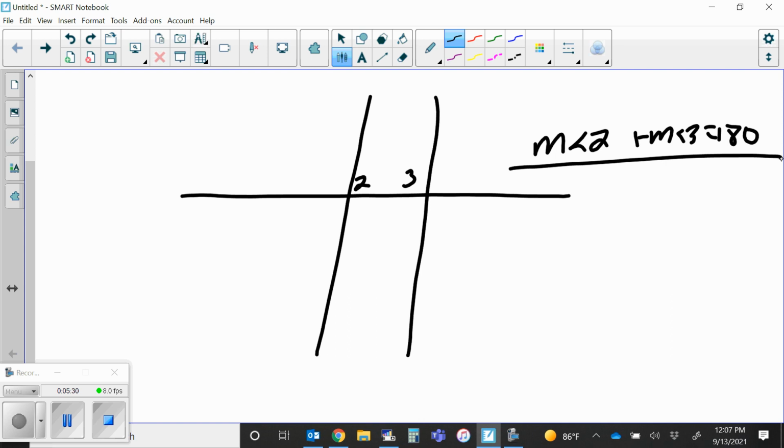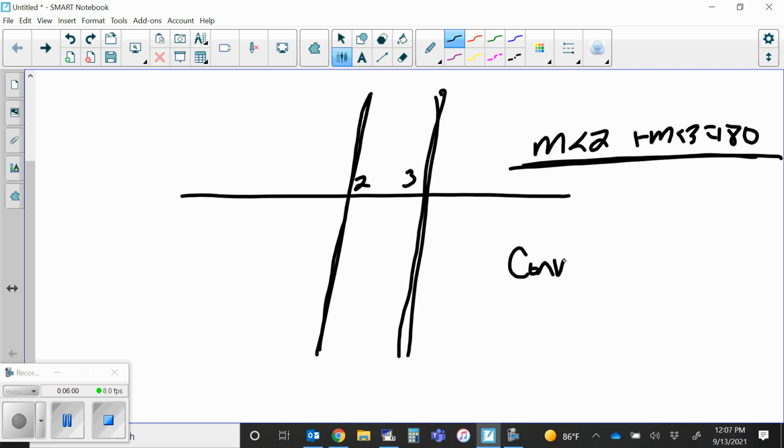I'm giving you that. That is a fact. What can you tell me because of that fact? Why? So she said because of this fact, we can say that these two lines are parallel. What is the reason why? Nope, they're not a linear pair. What's the key word?